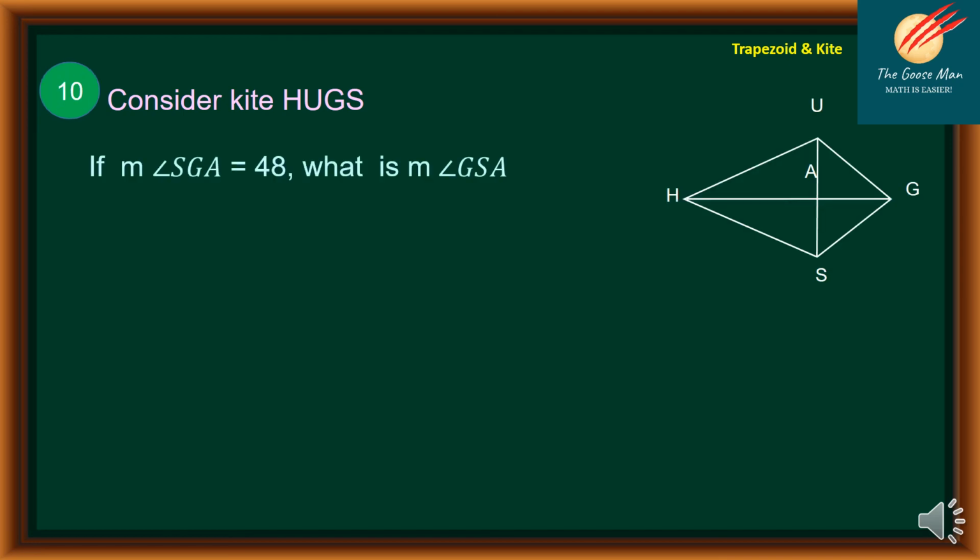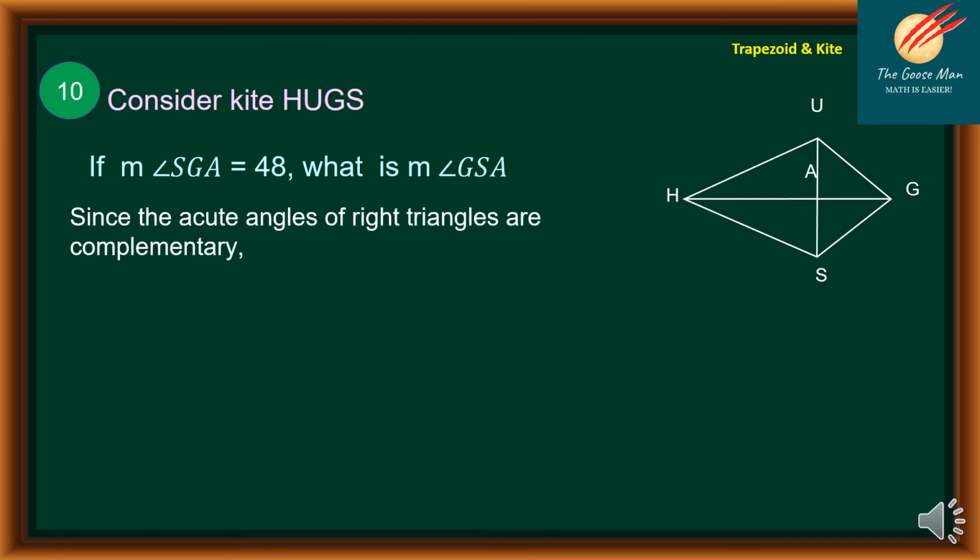And finally, if the measure of angle SGA is equal to 48, what is the measure of angle GSA? Since the acute angles of a right triangle are complementary, we can highlight that part here. We have angle SGA and angle GSA, which are the acute angles of the right triangle.